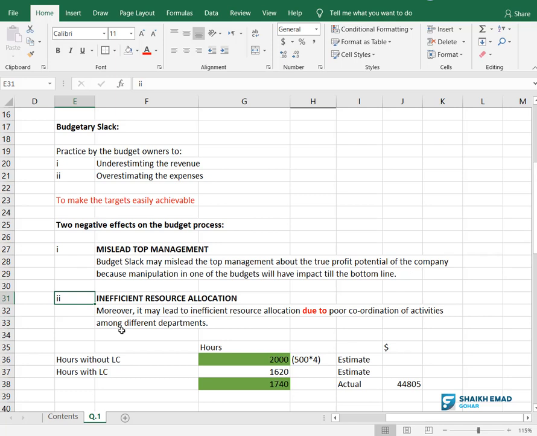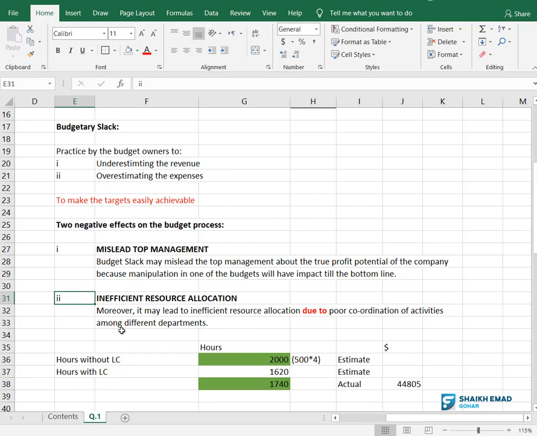Like for example, we talked about examples like production department, purchasing department, learning and development department, research and development department. So purchasing and production created a lot of slack. I mean, they overestimated the expenses so much that you gave more resources to them and you have very little left for research and development.